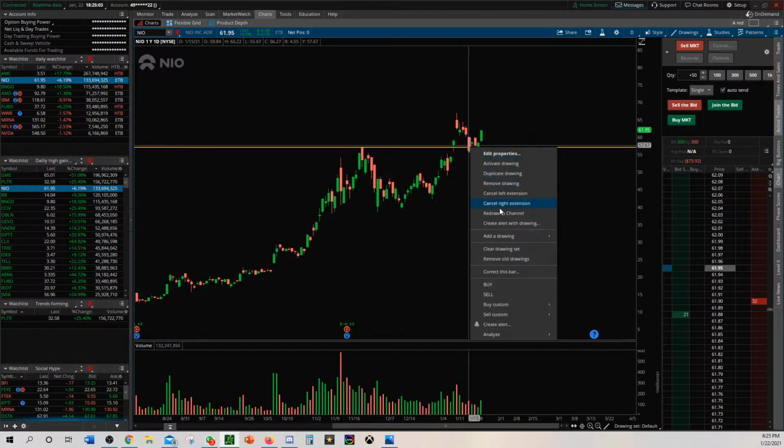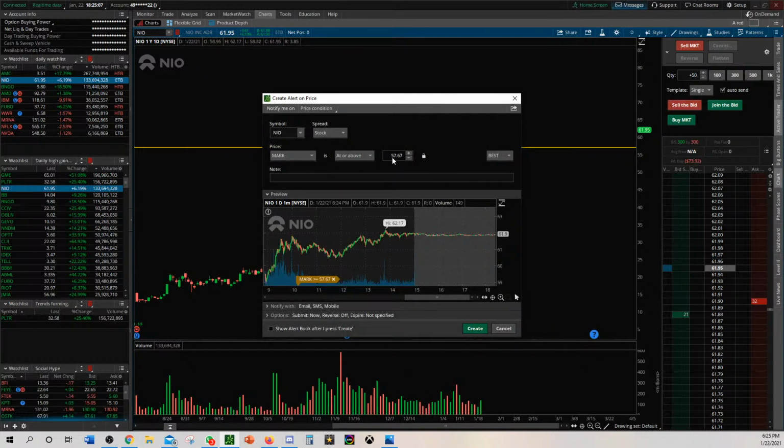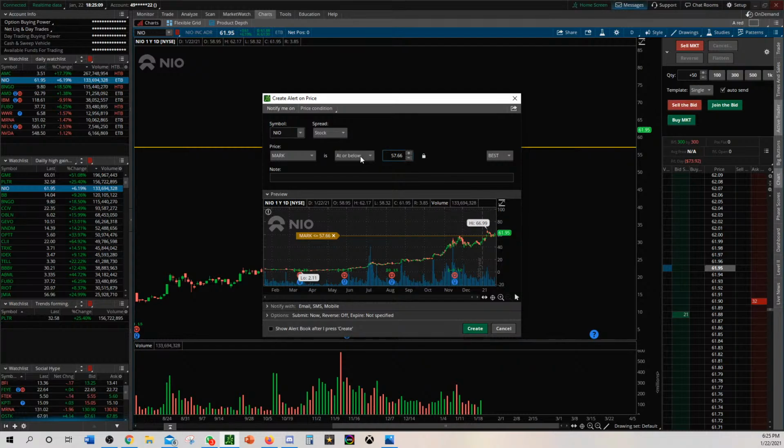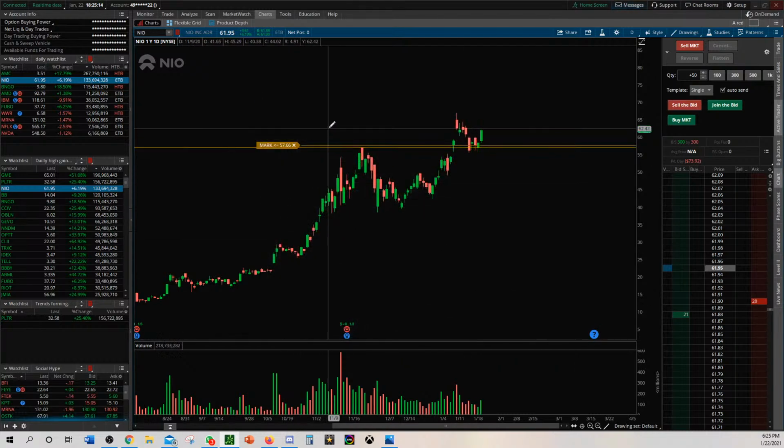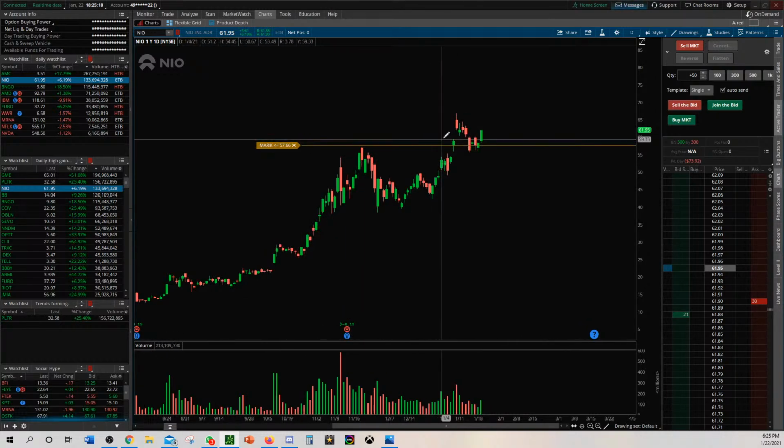So I simply right click here, and there's an option called create alert. So I put it cleared, and it says, okay, if it comes back below $57 or $57.66 or whatever, I hit create, and it creates a mark. So whenever a stock comes back down here, you will get a text.